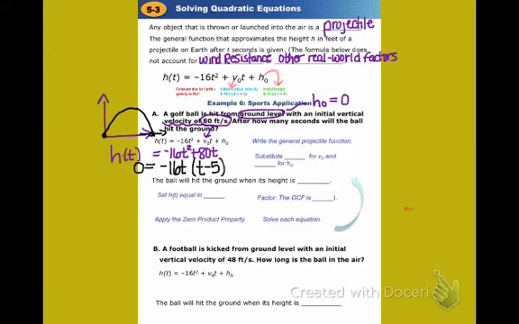And so that means my two possible solutions are the values that make negative 16t equal to 0 and the one that makes t minus 5 equal to 0. So negative 16t is equal to 0, or t minus 5 is equal to 0. If negative 16t were equal to 0, then t would have to be 0.